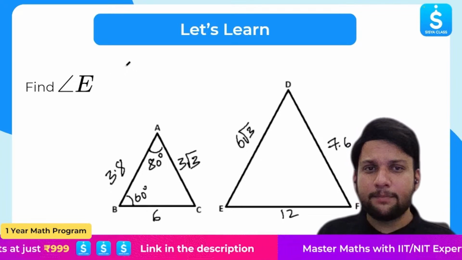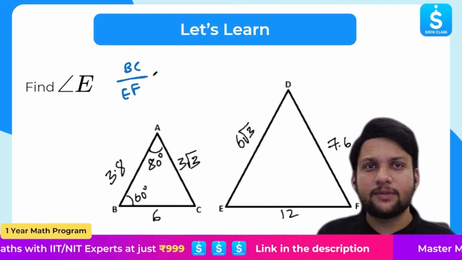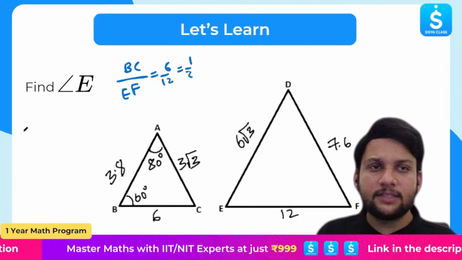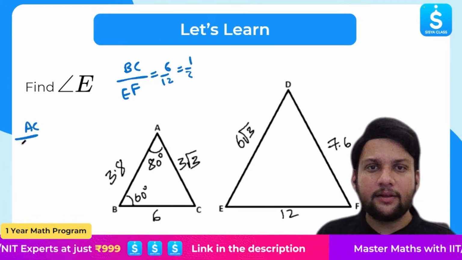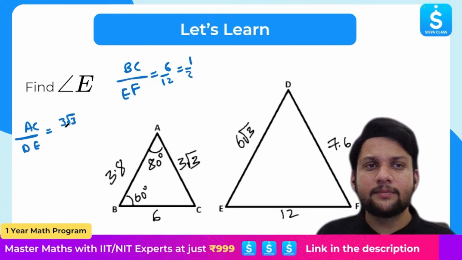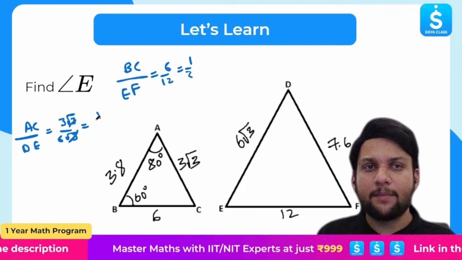Okay. Let's start with the simplest one. What I can say, BC over EF is equals to 6 by 12. That is 1 by 2. I can also say AC over DE is equals to 3 root 3 over 6 root 3. Root 3 will get cancelled. 3 and 6, I will get 1 by 2.